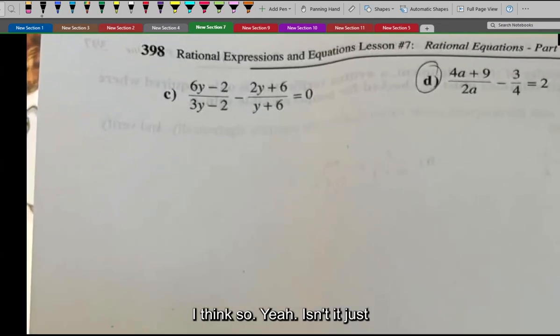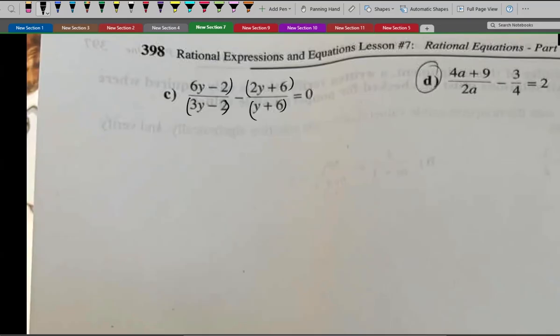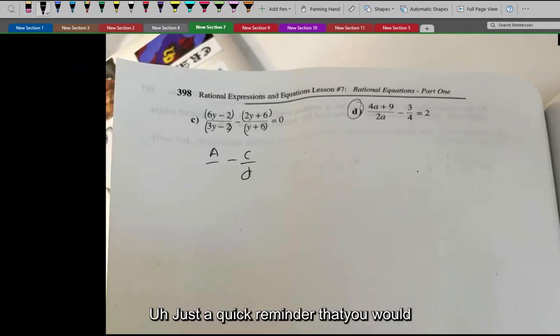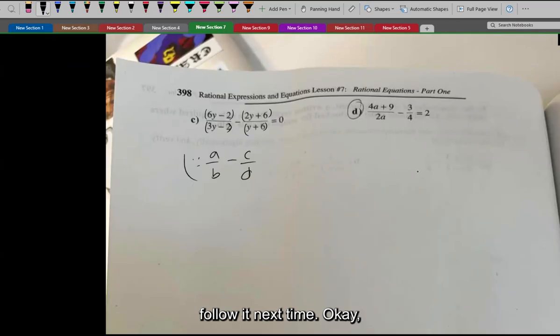I think so. Isn't it just like the other one too? Yes, it is just like the previous one. Okay. So I'm just gonna write A over B minus C over D. Just a quick reminder that you would follow next time.